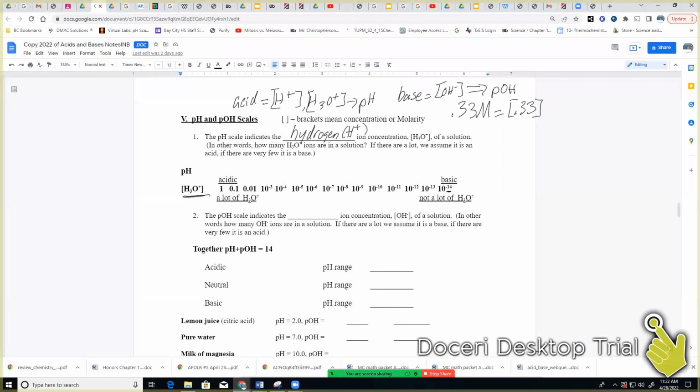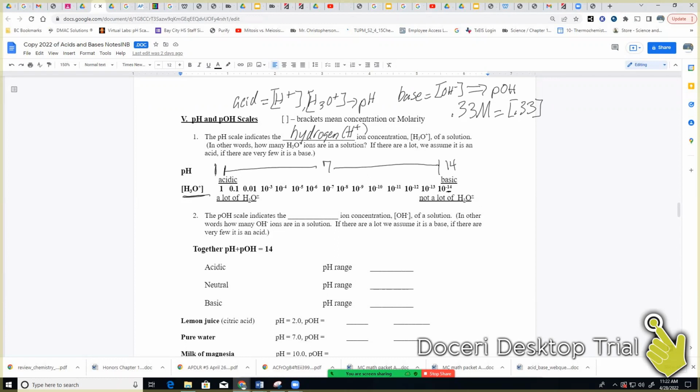Right here where we have our 10^-7, that's where the pH would be equal to 7. And then down here, we're going to go to 14. So even though we have a very small concentration, my pH number gets larger, and it's opposite on this end. It shows it going down to 1, where we might actually see some things that are below 1.